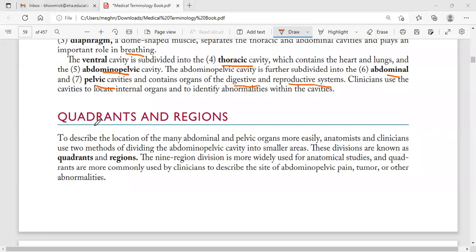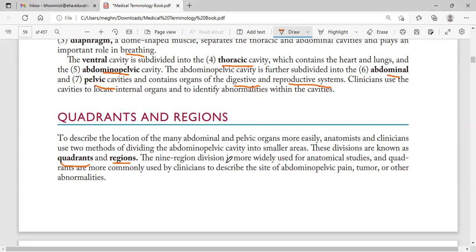So next is quadrants and regions. To describe the locations of the many abdominal and pelvic organs more easily, anatomists and clinicians use two methods of dividing the abdominopelvic cavity into smaller areas. These divisions are known as quadrants and regions.